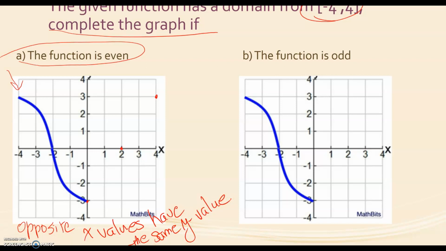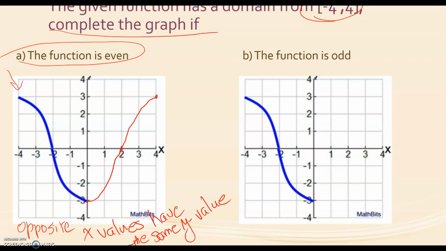Because you're symmetrical about the y-axis, so when you take your graph and reflect across the y-axis, the same x value, which is equal distance to the center, has to have the same y value in order to achieve this even sort of symmetry. Make sure you're graphing correctly, taking into account the concavity of the graphs, and do the best you can. Okay, so that's an even function.